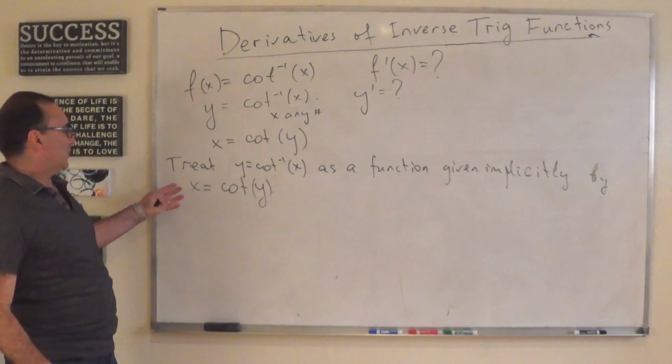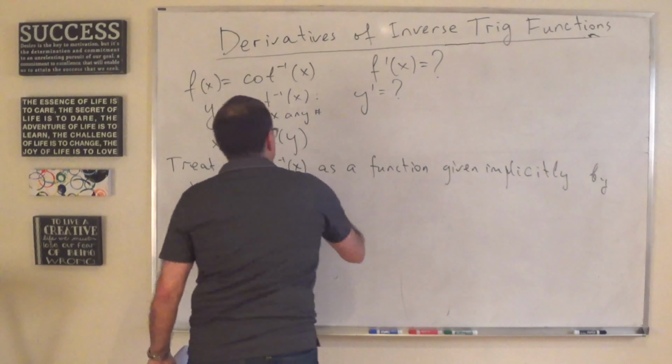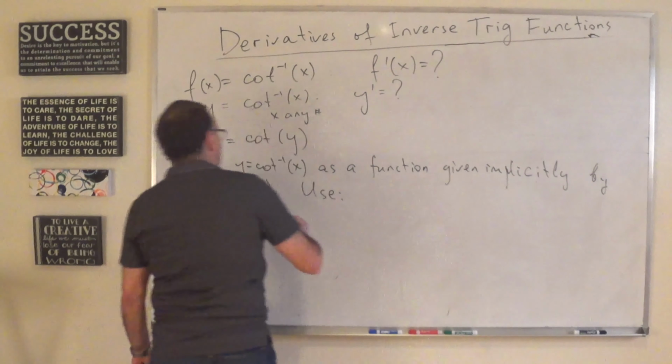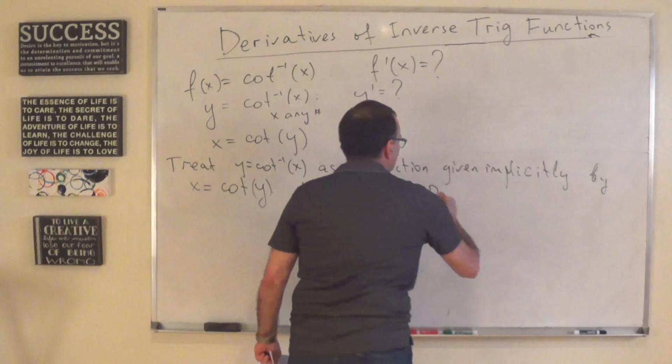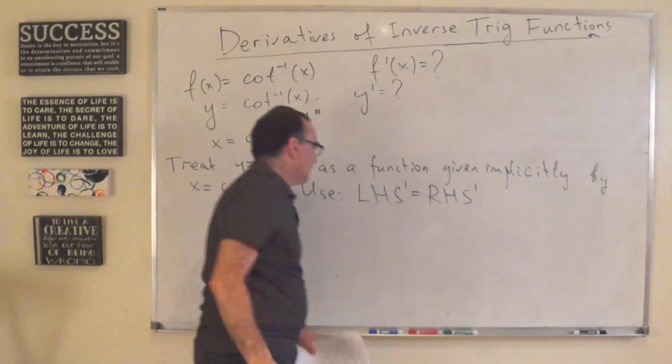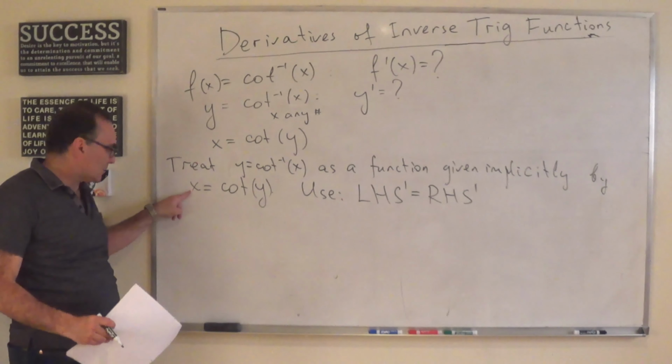And now, when we calculate derivatives of functions given implicitly, we use the trick: left-hand side derivative equals right-hand side derivative applied to this equation. Now, in this equation, left-hand side is x, so the derivative of that is just 1.